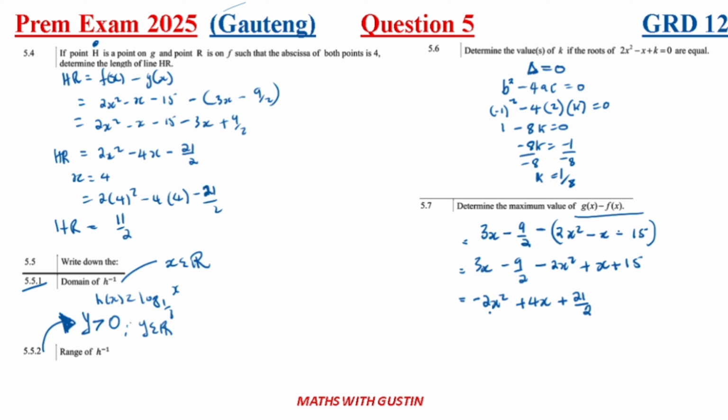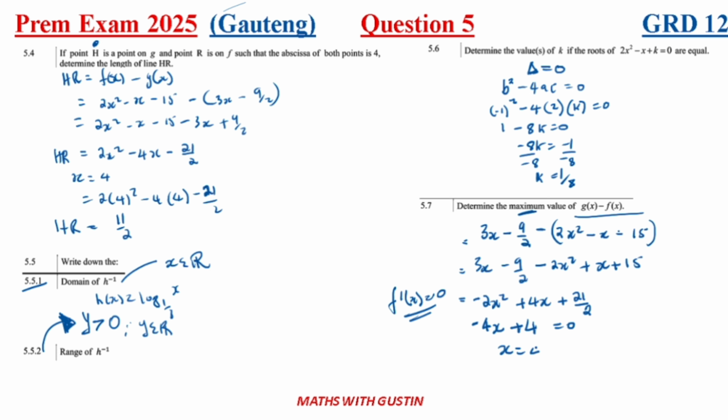So now they want a maximum. So what are we going to do here? Whenever they say the maximum, you must always remember the first derivative has to be equal to 0. This is what you have to remember. So we're going to take the first derivative and then equal it to 0. The first derivative here, negative 4x plus 4 is equal to 0. Then you go ahead and solve for x.